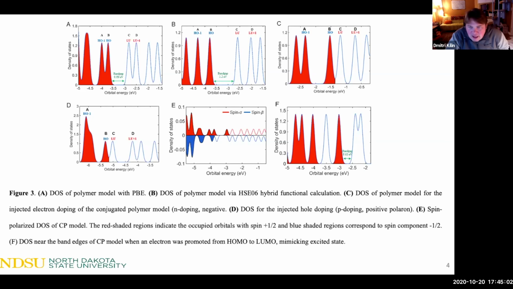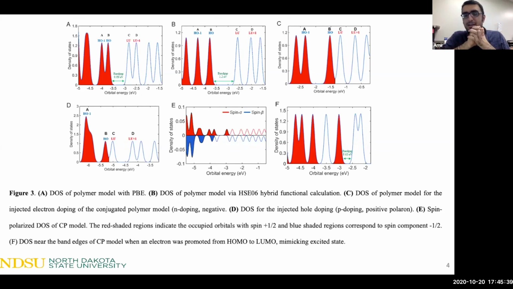Is there a connection between panel E and panel F? Good question, Aaron. As I discussed briefly in the discussion part of the paper, these two, figure E and figure F, are mimicking the excited state. In figure E, we regulate the spin direction of the electrons.